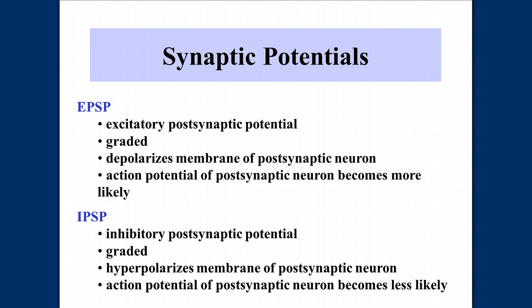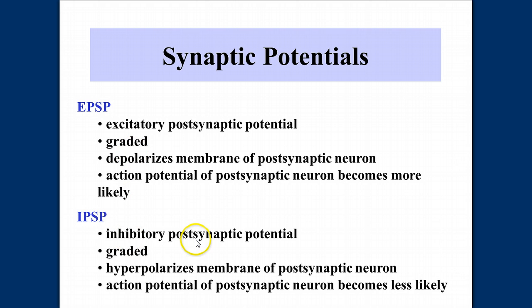When you have a synapse there, the change is going to be graded. It depolarizes the membrane of a postsynaptic neuron because it is excitatory. So excitatory takes it closer to action potential. So depolarization happens with an excitatory postsynaptic potential.